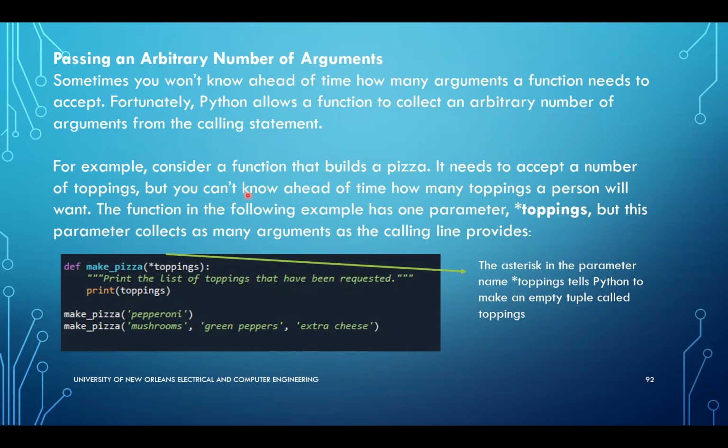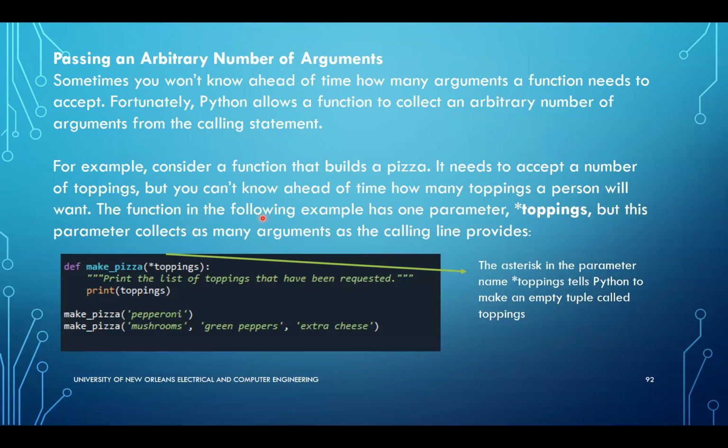For example, let's say we want a function to build a pizza. It needs to accept a number of toppings, but you can't know ahead of time how many toppings a person will want on a pizza.